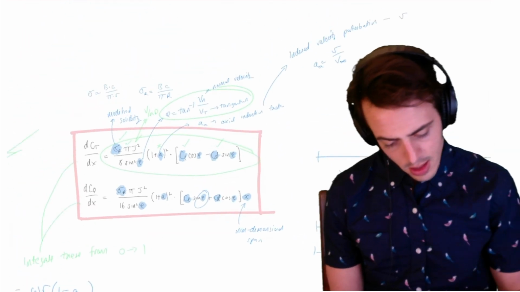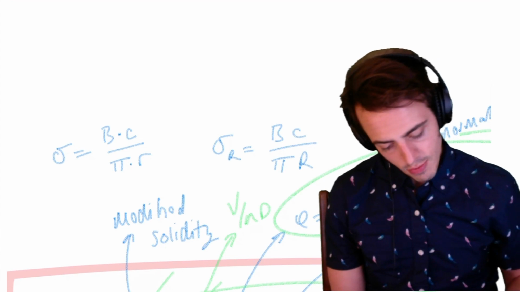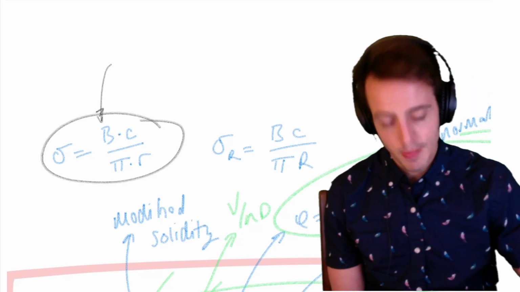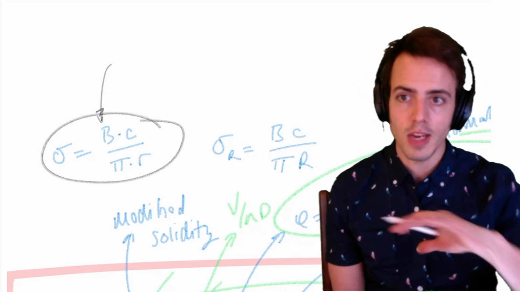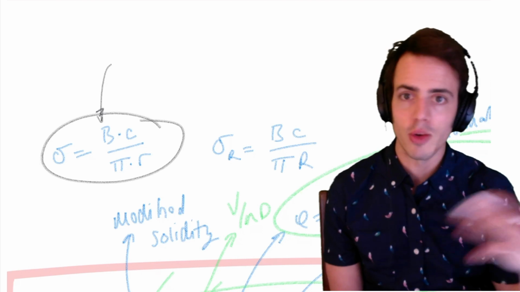And some of the reasons why they break down, we can see right here, these start to break down because we're multiplying everything by b, which implicitly assumes that each blade has got the same condition occurring everywhere, all over the disk.